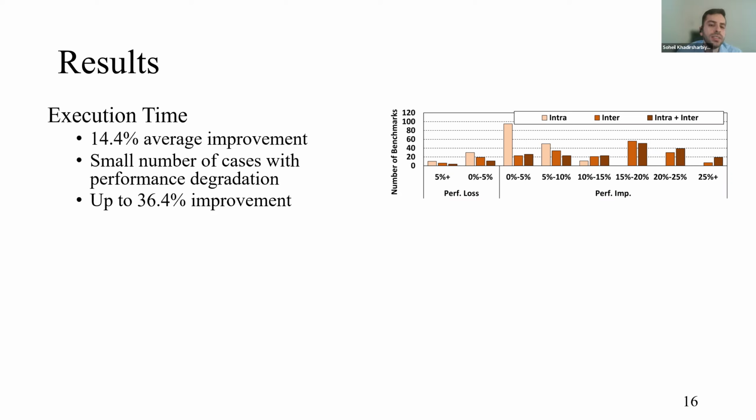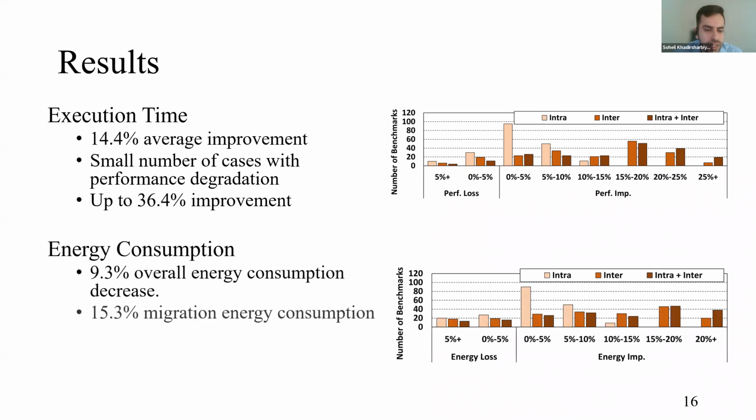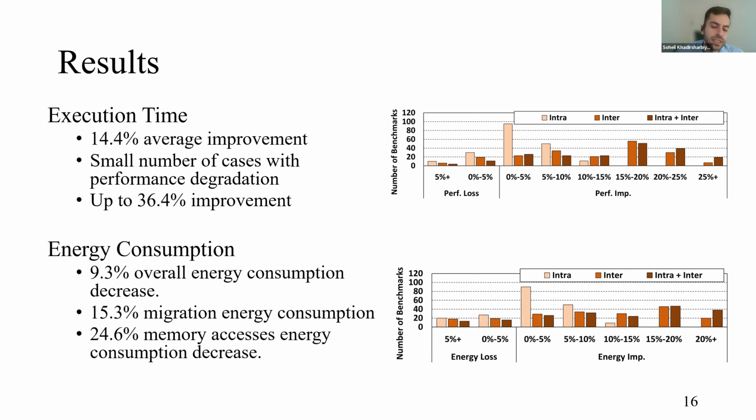But these performance degradations are minimal because of the threshold that we consider as part of our work. For the energy consumption, we see a 9.3% overall energy consumption decrease, and a 24.6% memory access energy consumption decrease. But at the same time, we are increasing energy consumption by 15.3% because of the migration overhead.